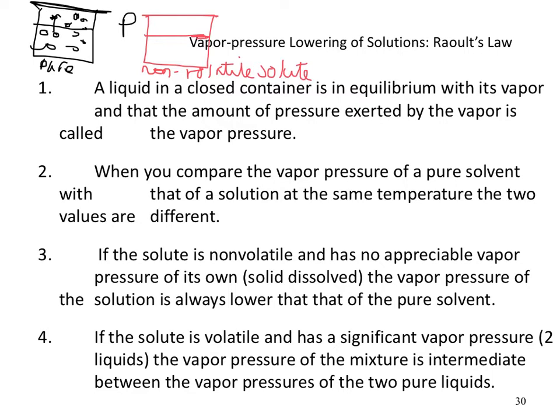So what's going to happen if you envision the top layer here? Since it contains some non-volatile solute, and I'm going to just change the color for a second, maybe this is a non-volatile solute, maybe another one is a non-volatile solute. What does that mean?